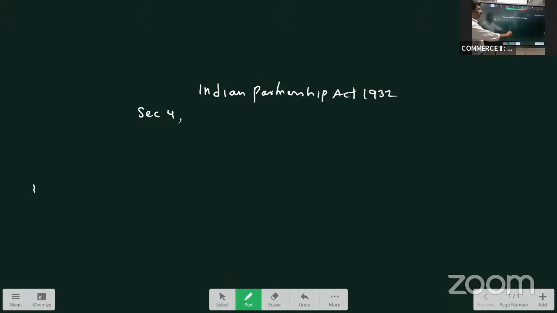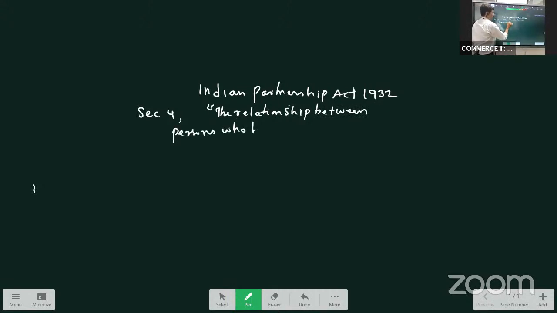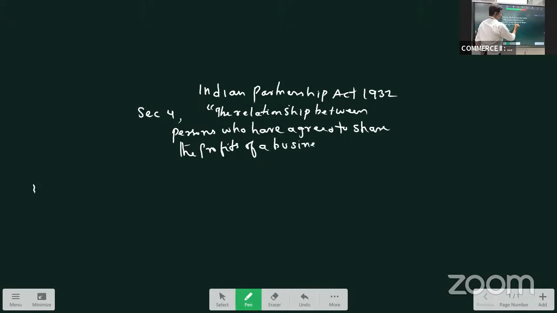As per section 4 of the Indian Partnership Act, it is a relationship between persons who have agreed to share the profits of a business carried on by all, or one acting for all.